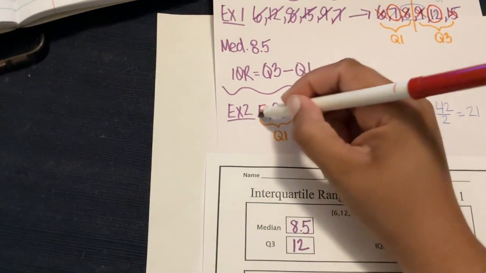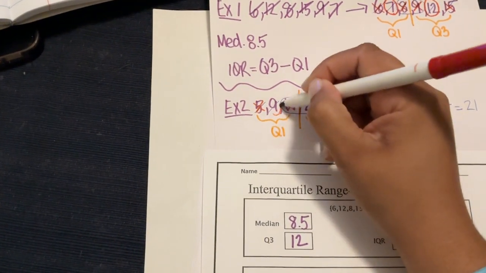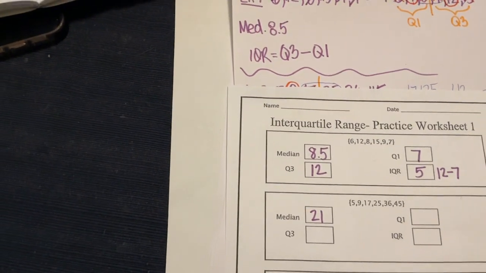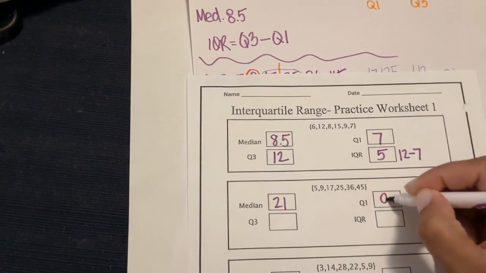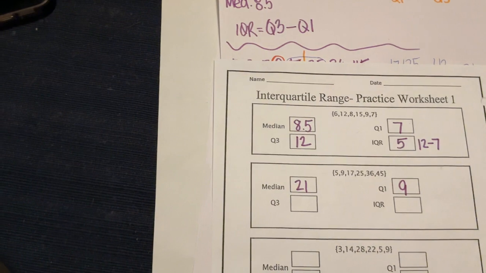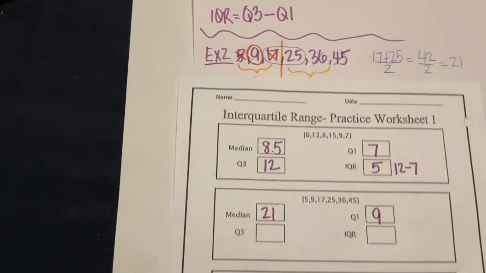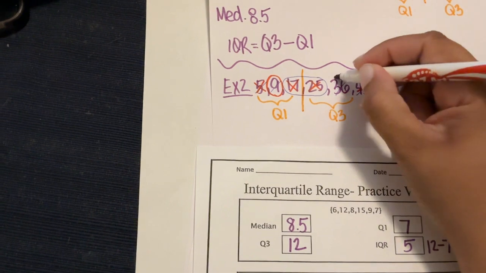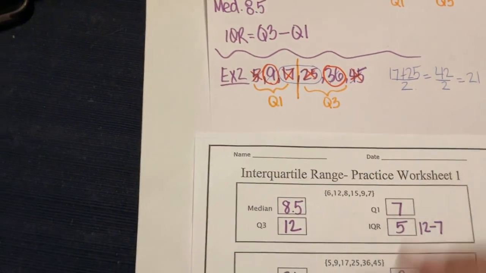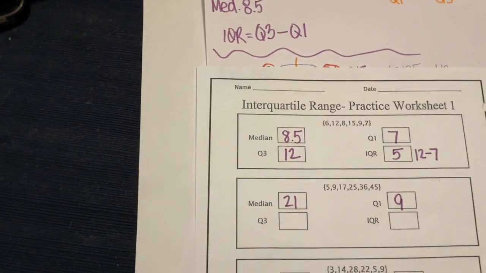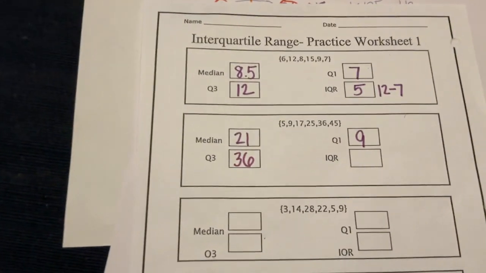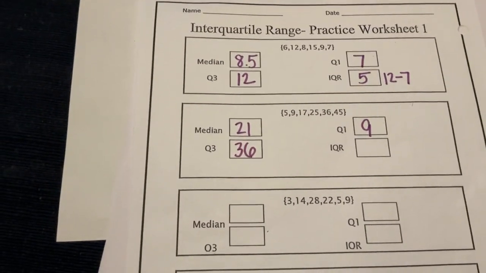In this case, 9 is left over, so your Q1 is 9. Let's find Q3 now. Cross off until there's 1 left over. In this case, it's 36. So Q3 is 36.